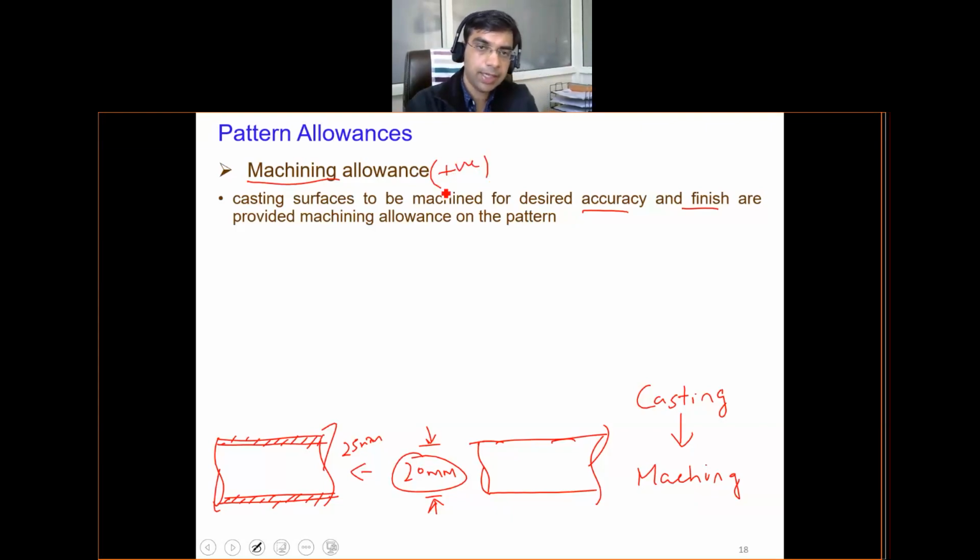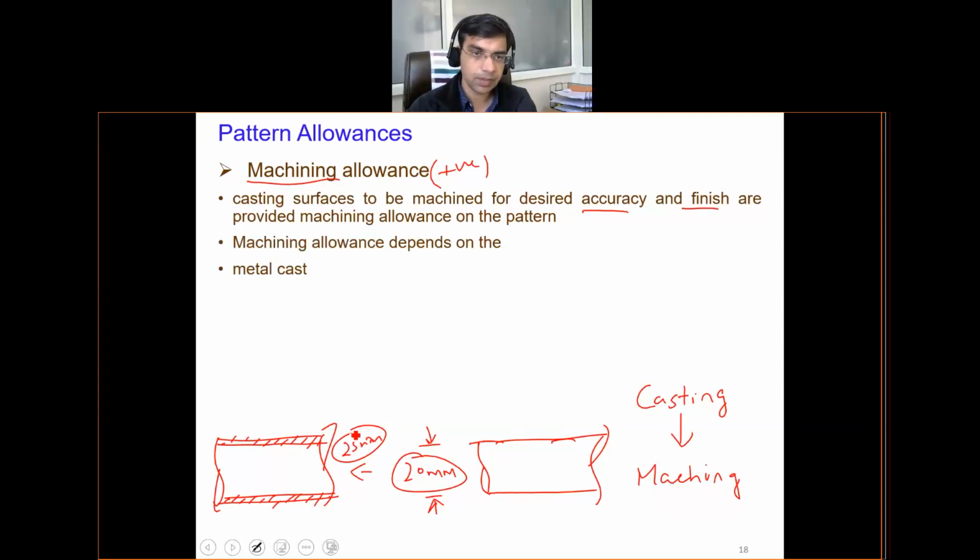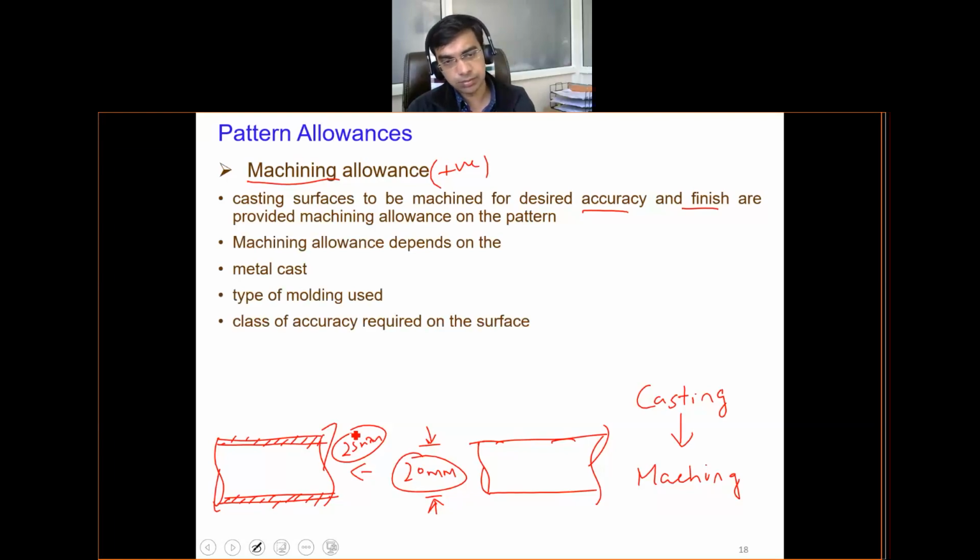Means we are adding excess material on the pattern so that the size of the cavity will be with bigger dimensions. You get a cast product which has bigger dimensions than what is required in the final one, and the dimensions will finally be met using the machining process. So machining allowance is dependent on what type of metals are being cast, what is the molding setup, and what is the accuracy required, to what extent the machining can be done.